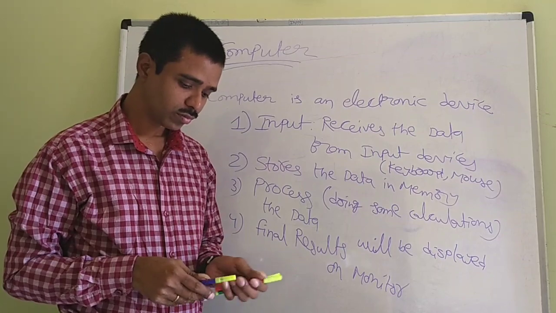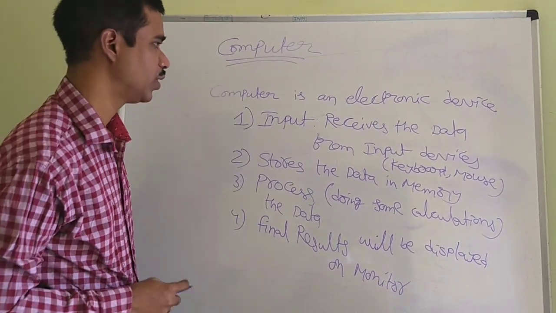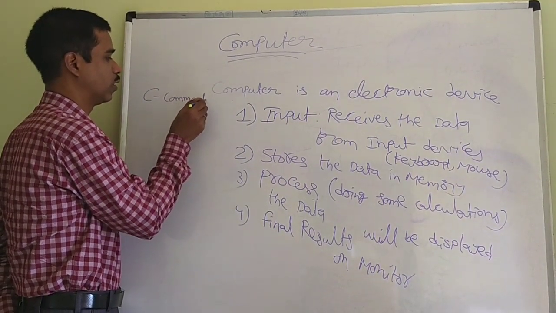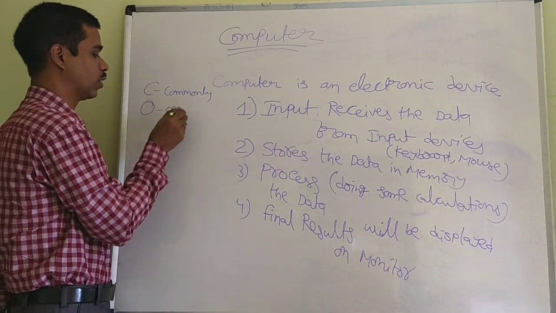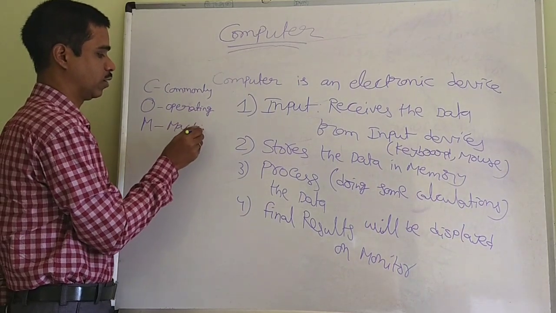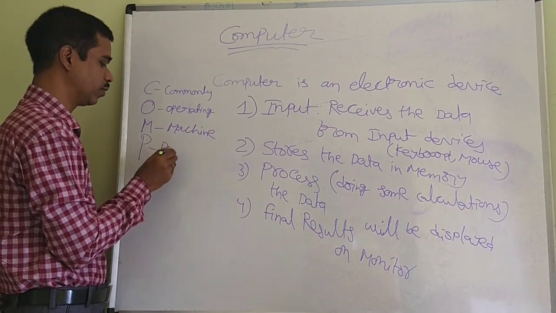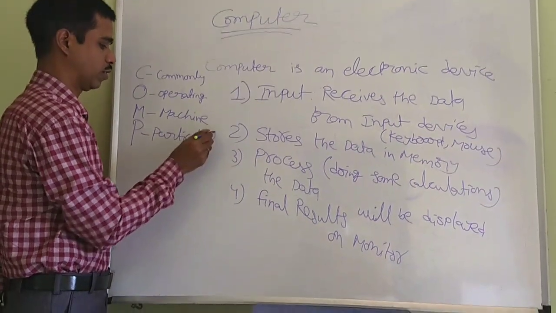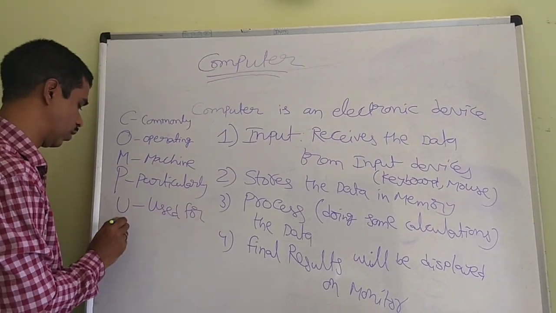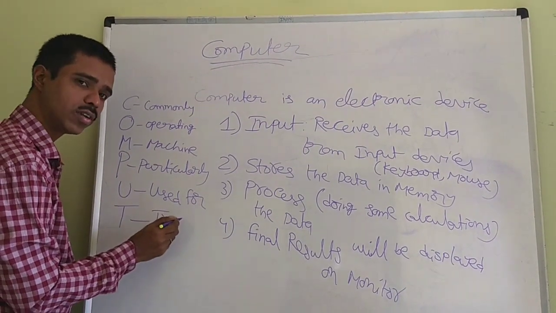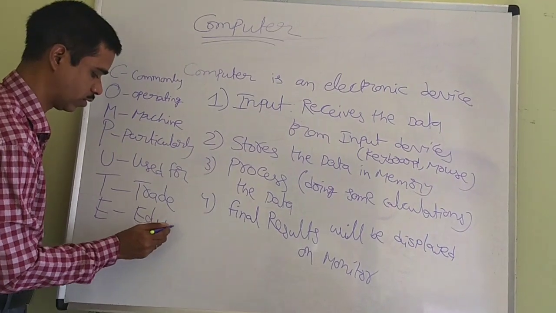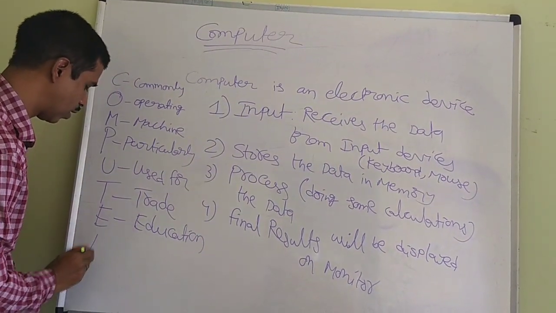But some people discuss the computer abbreviation like this. C means commonly, O means operating, M means machine, P means particularly, U means used for, T means trade, trade is nothing but business, E means education, R means research.